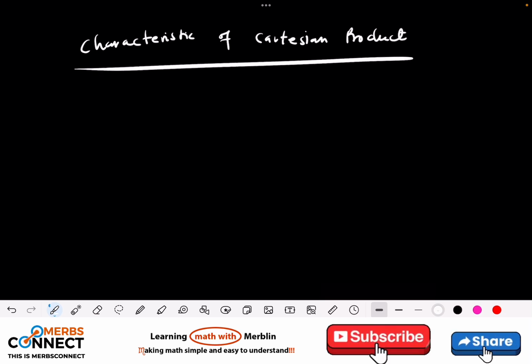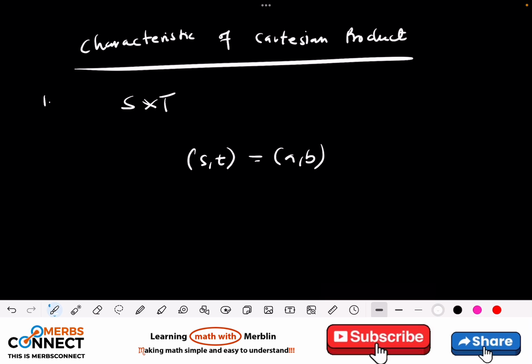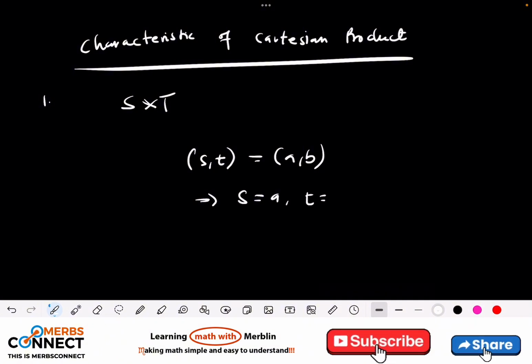The first one is this. When we want to cross two sets, say S cross T, we say that (s, t) is the same as (a, b) if and only if s is equal to a and t is equal to b.